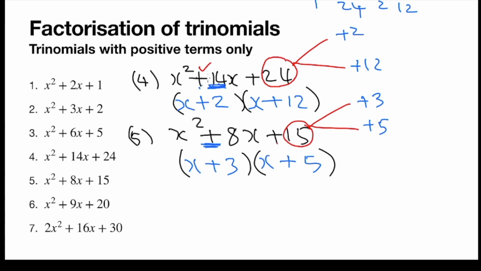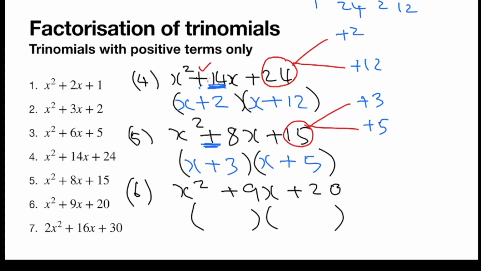Right, let's look at number 6. I think you understand this now. Number 6 says x squared plus 9x plus 20. So do the same thing, draw your brackets. First of all, use x squared. X squared means x times x, so x there and x there. Next thing, look at that number there at the end.